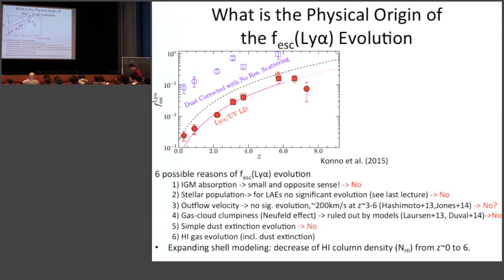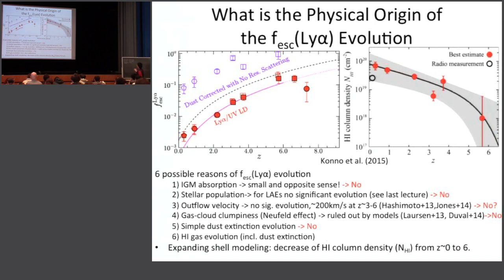The last remaining thing is the HI gas evolution. If you have less neutral hydrogen, then you have less Lyman-alpha scattering or absorption, so you can expect a more efficient escape of Lyman-alpha. Having this motivation, and having the expanding shell model to explain this relation with the change of the neutral hydrogen column density, you can get this.